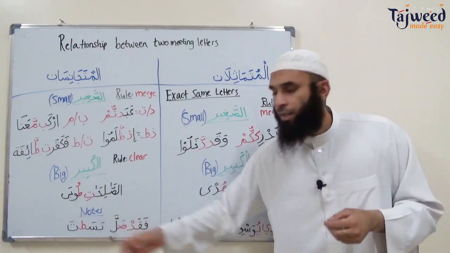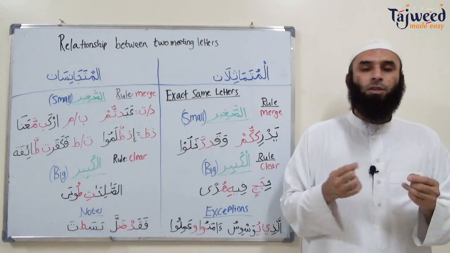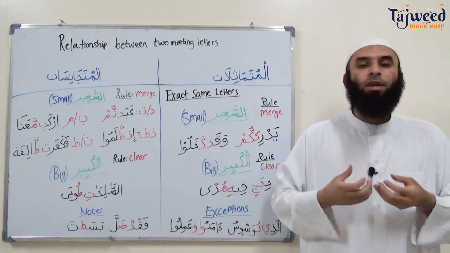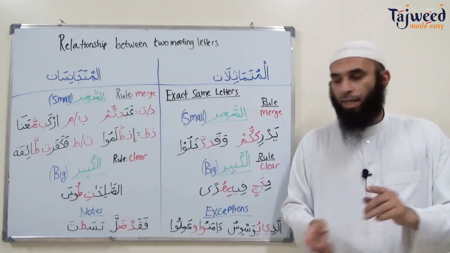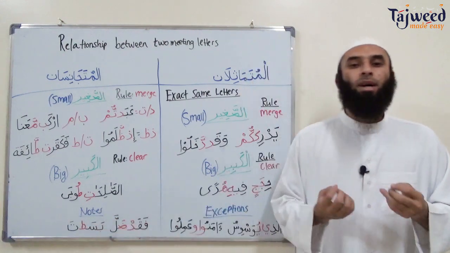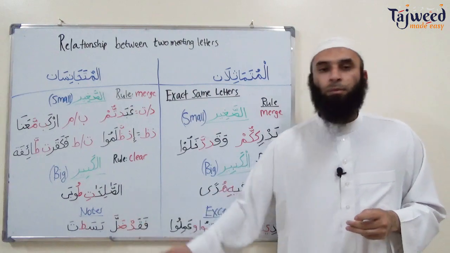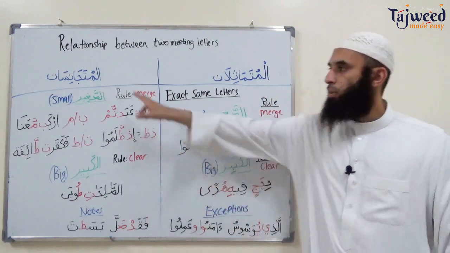So because ta is heavy, we don't say basatta, but basalta. That's it. So we have here al-mutamathilan and al-mutajanisan.